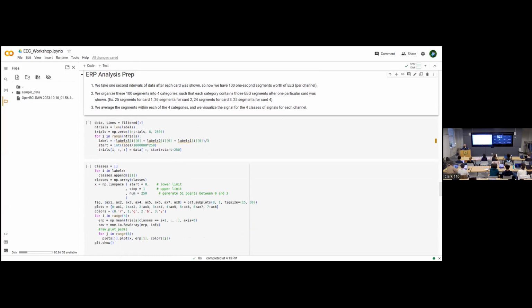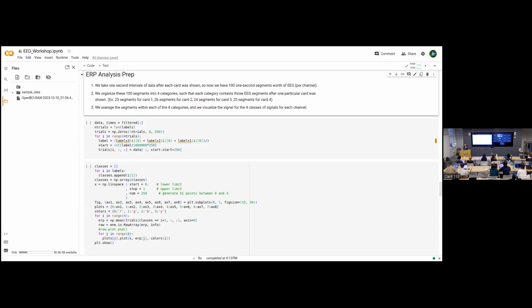So what we're going to do is segment the data. If you have taken CS classes before, you might have heard of a word called epoch. I don't know how to pronounce it, but I say epoch. The purpose of having them repeat this activity of looking at a flashcard 100 times is so that we can take 100 segments of data.